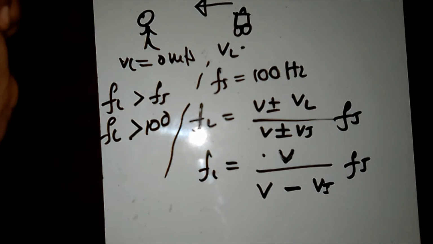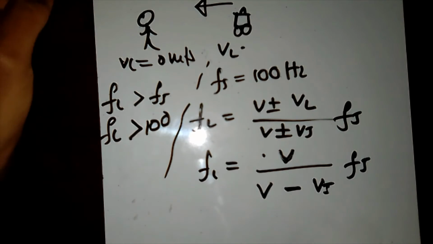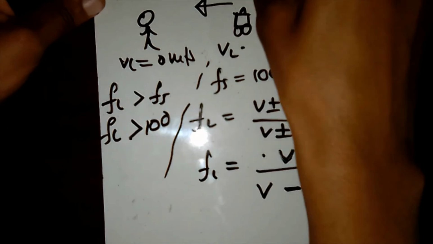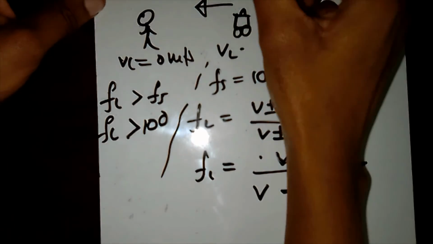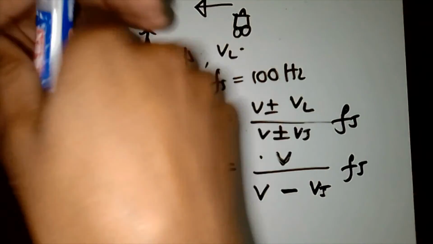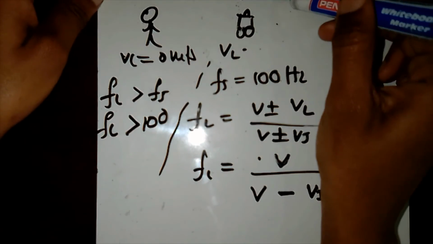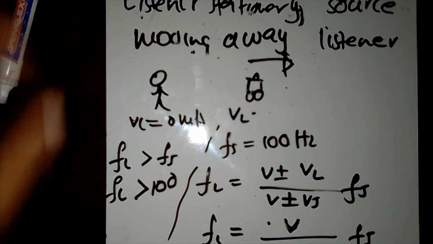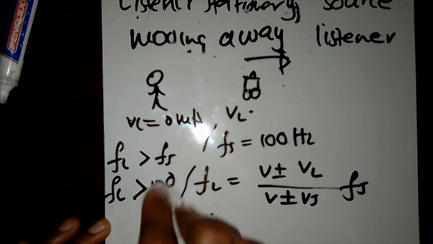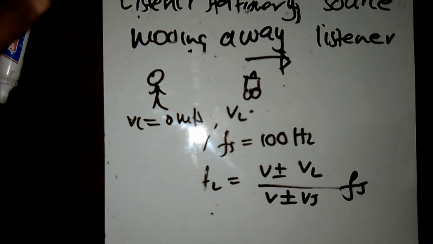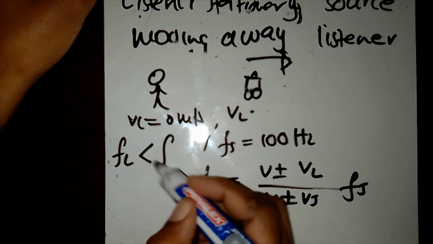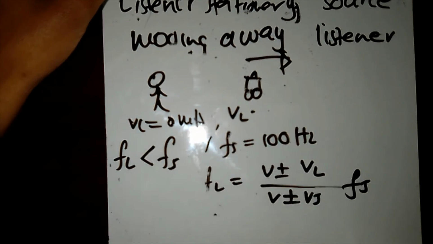Okay, so now another situation would be a similar one. The listener is still stationary, but now the source is moving away. Instead of approaching, it's now moving away at a certain velocity. If it's moving away, it means that the perceived frequency will be less than the frequency that is coming from the source.